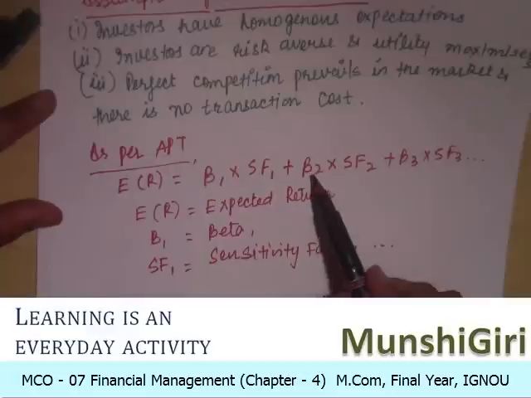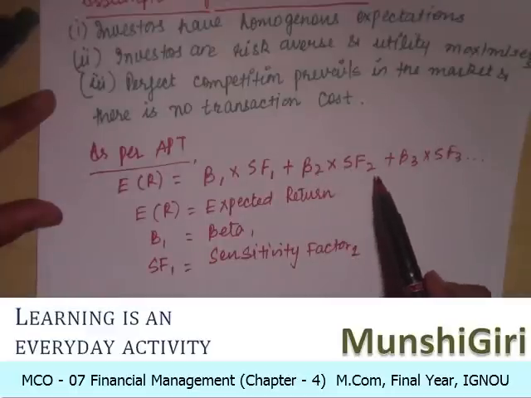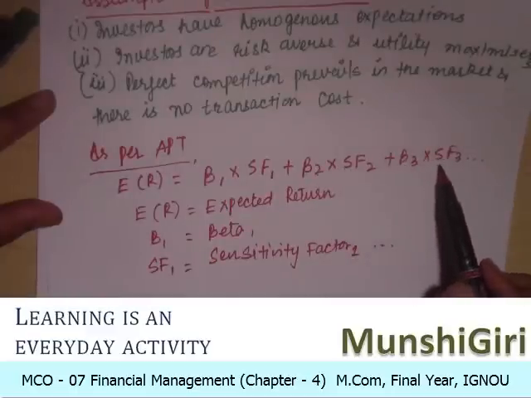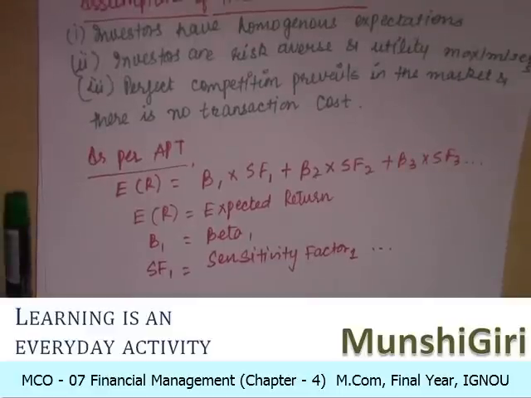B2 is beta 2 with sensitivity factor 2, and beta 3 with sensitivity factor 3.